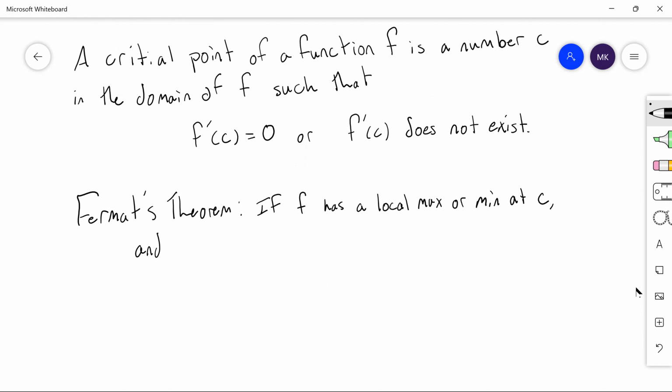and if f prime of c exists, then f prime of c equals 0.